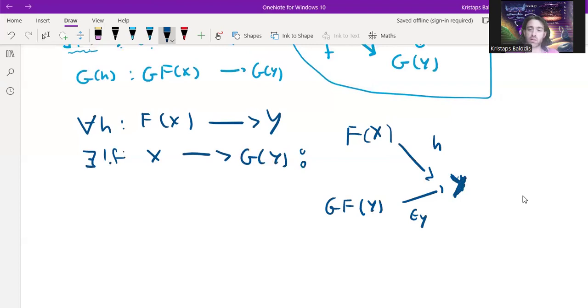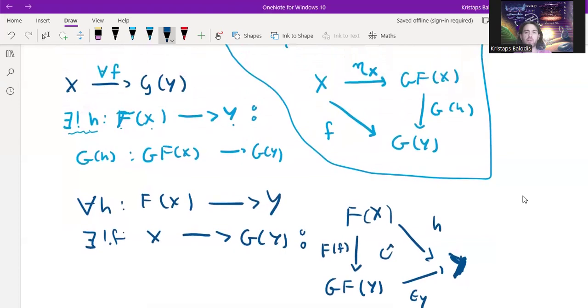And then here, this is my map, the functor F applied to f. And so that diagram commutes as well. Generally, if I write a diagram, I mean that diagram commutes, at least in theory.